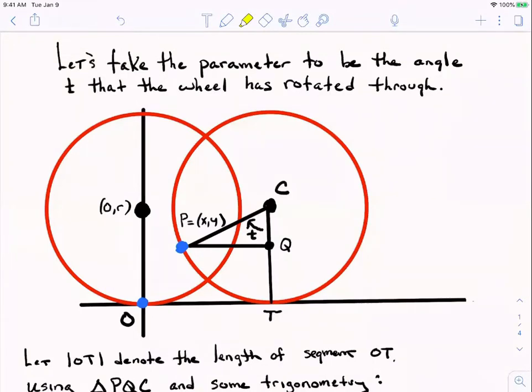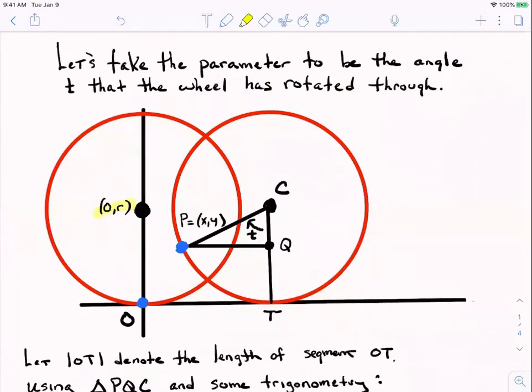In this picture, I've drawn 2 copies of this wheel. The one on the left side of the screen has the blue point at the origin of the coordinate system, so the wheel hasn't moved yet. Its center is at the point (0, r), because the radius of this wheel is r.